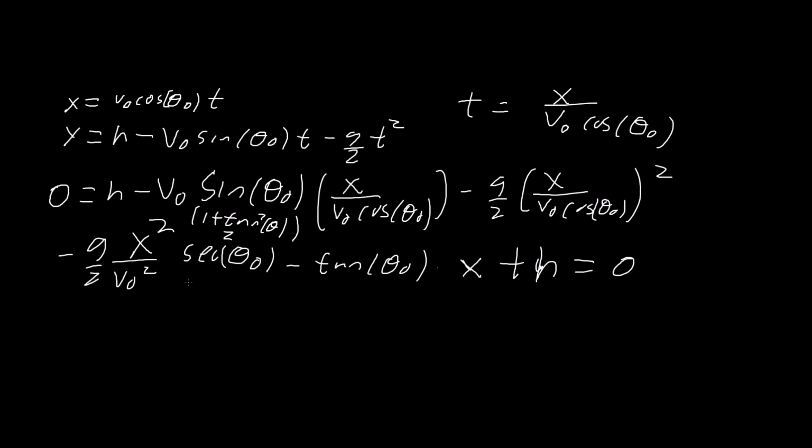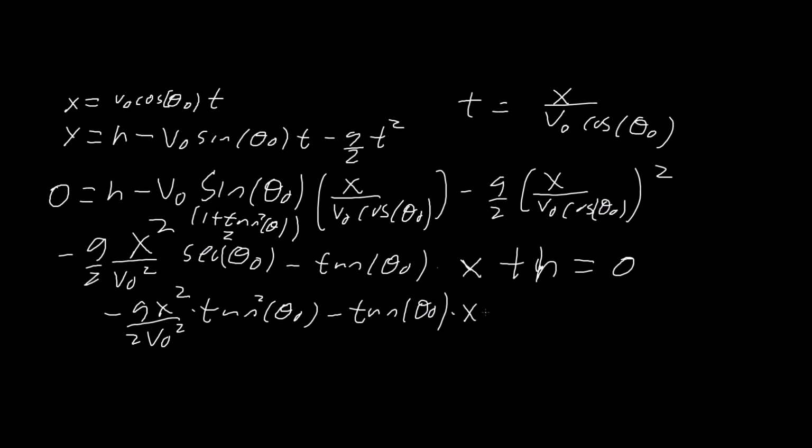So I'm going to rewrite this as minus g x squared over 2 v naught squared, times tangent squared of theta on the side, and I'm going to put this in the middle, minus tangent of theta naught times x, and add to it, since this is going to be 1 plus that, I already took that into account. I'm going to rewrite the same thing: h minus g x squared over 2 v naught squared equals 0.